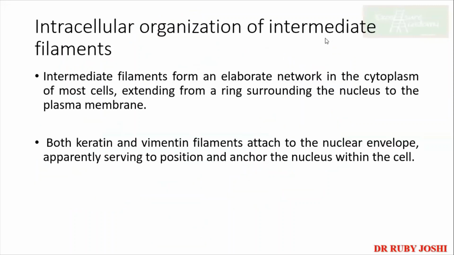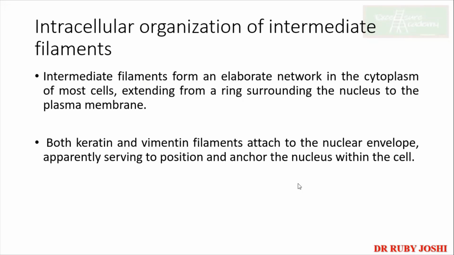Now, the intracellular organization of the intermediate filaments, like where exactly they are present, is the question. So they form an elaborate network in the cytoplasm of most cells, extending from a ring surrounding the nucleus to the plasma membrane. So again, they are present in the cytoplasm. Now both keratin and vimentin filaments are attached to the nuclear envelope, apparently serving to position and anchor the nucleus within the cell.